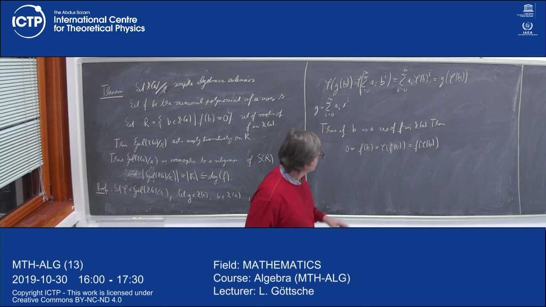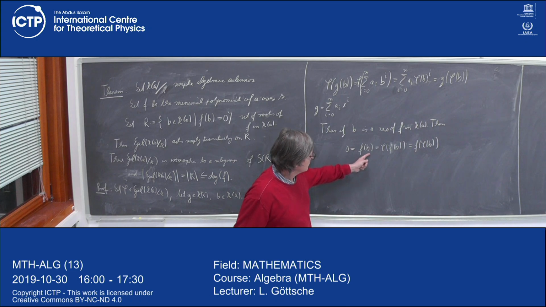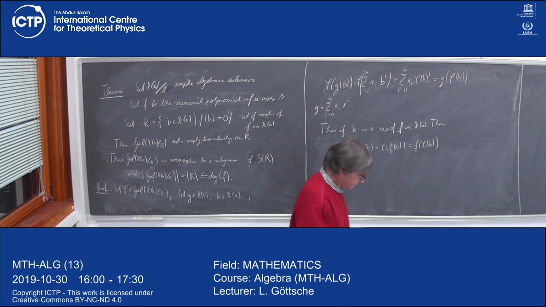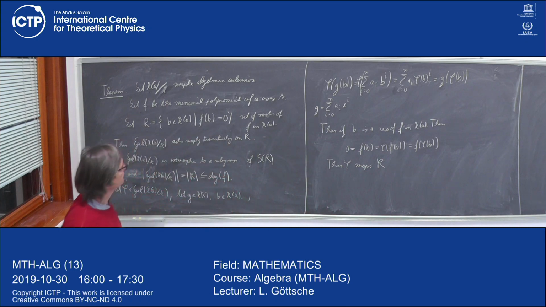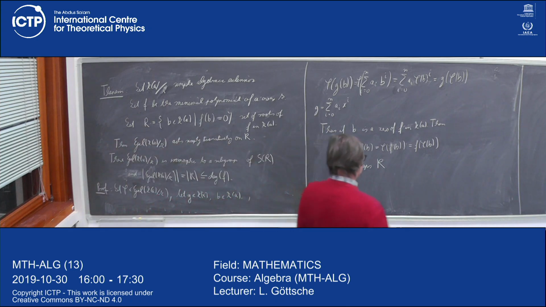So that means phi sends zeros of f to zeros of f. Thus phi maps R, the set of zeros of this thing, to itself.